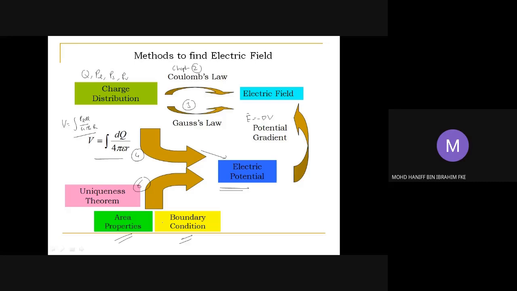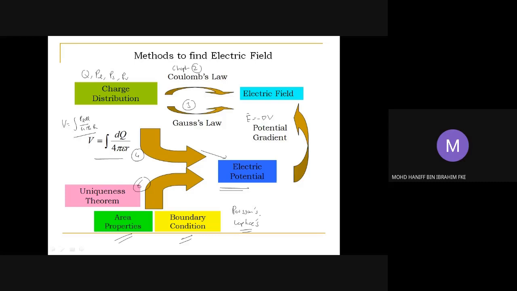Okay, so the Poisson and Laplace equations. This Laplace is not the Laplace that you learned in the signals and systems course, because that one is the Laplace transform, which is used to transform a signal from the time domain to the frequency domain.